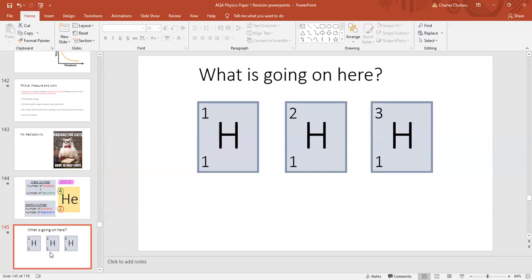There's another concept there: adding one proton. Yes.